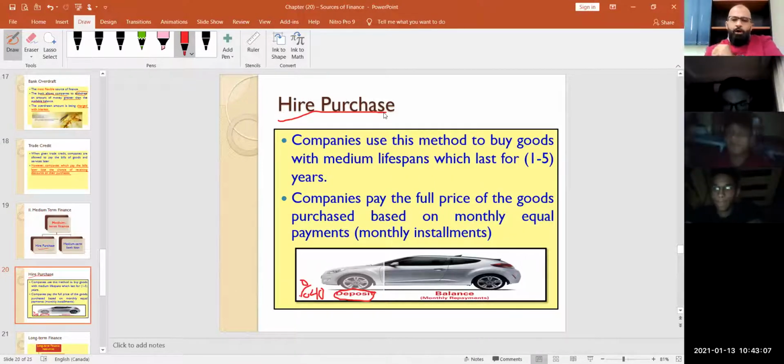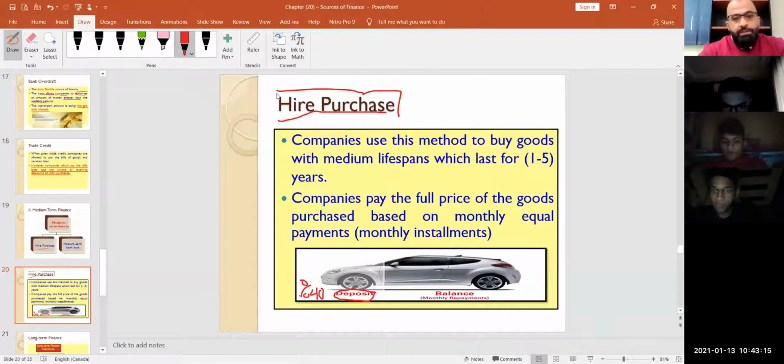So instead of buying the car cash, you would use hire purchase. But why did we consider that hire purchase is an external source of finance? Because we are using the money of other people. So companies use this method to buy goods with medium lifespans, which last for 1 to 5 years.